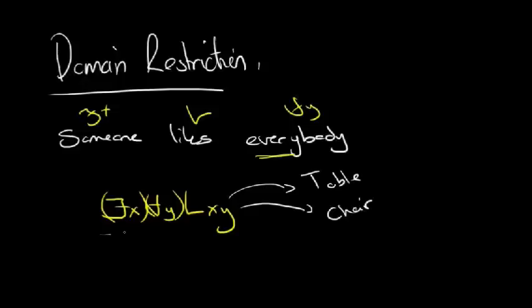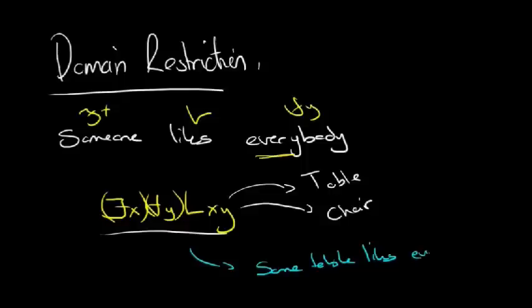What we would have said with this statement is, well, possibly something like some table likes every chair, or likes a chair. Right, that's consistent with this. It seems to be entailed, or not entailed by it, but it's at least consistent with it. And we don't want it to be consistent with it. We're talking expressly about people.